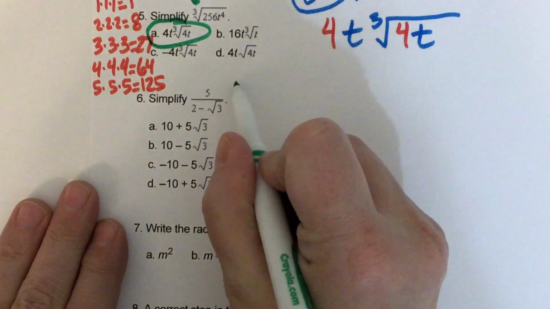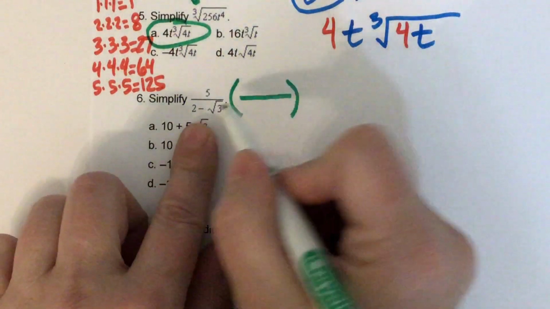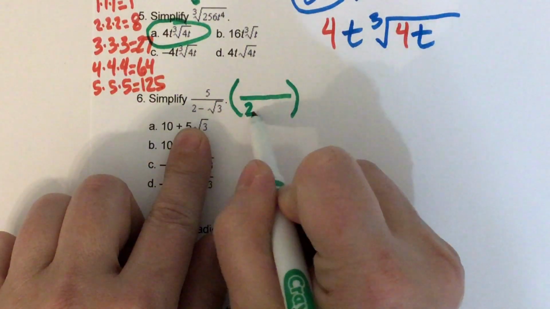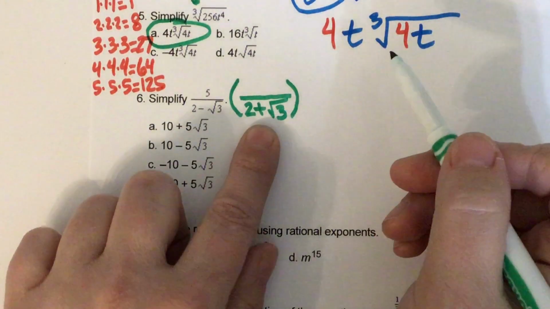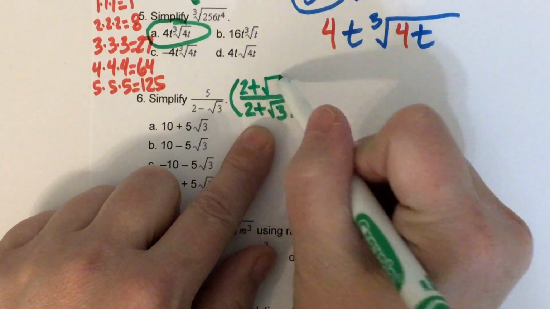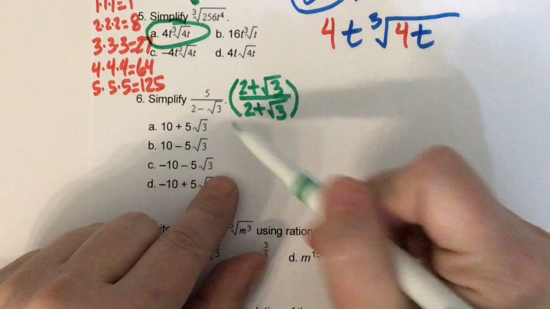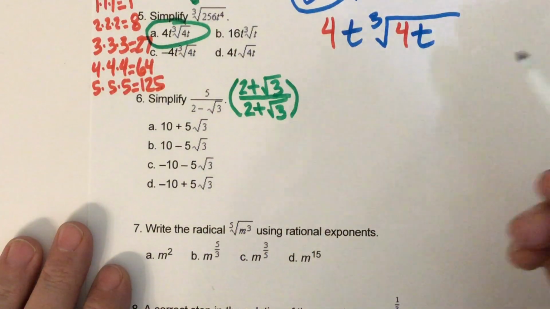So the conjugate looks exactly the same, but a switch in the sign. So exactly like the denominator, but instead of a minus, a plus. And then I have to multiply in the form of 1, so whatever I put in the denominator, I put in the numerator. This is what I like to call my FFU, my fancy form of 1.